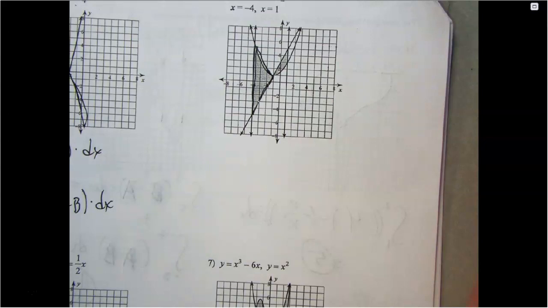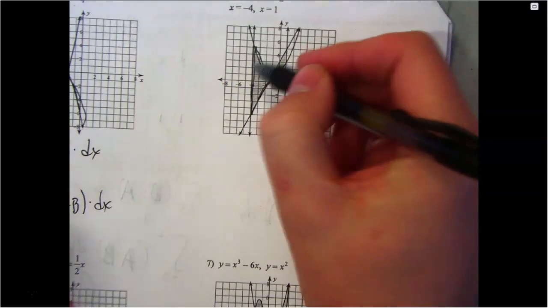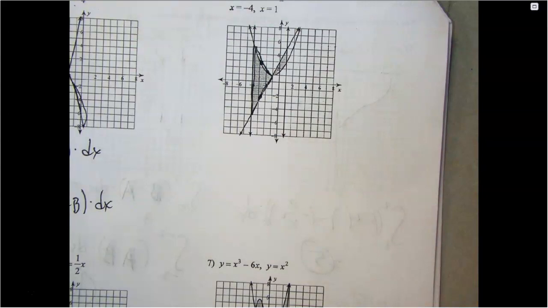How far apart are this and this? I understand the confusion. Hopefully that helps understand the difference. The area between two curves can't be negative. It has to be positive.